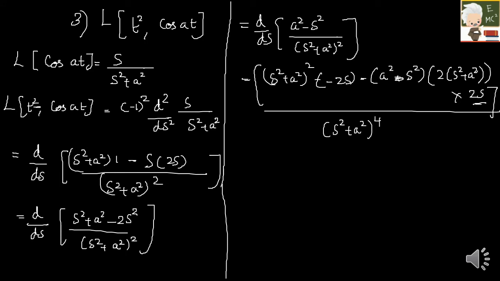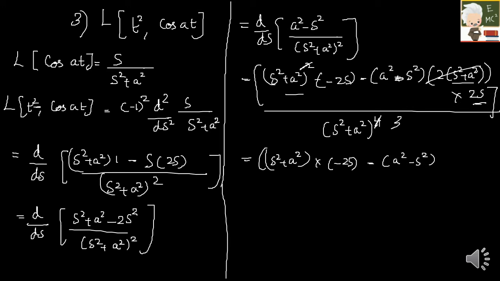Now if you look, you can cancel one s square plus a square commonly, so this becomes a cube. What I'll have here is s square plus a square into minus 2s minus a square minus s square into 2s, divided by s square plus a square whole cube.